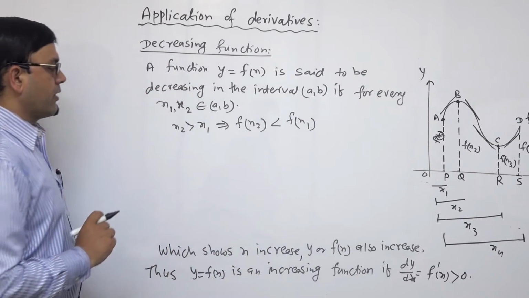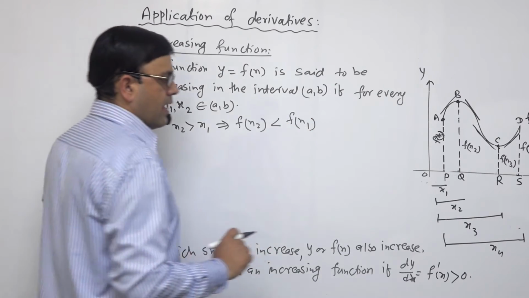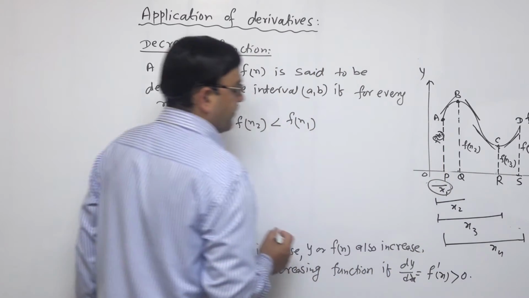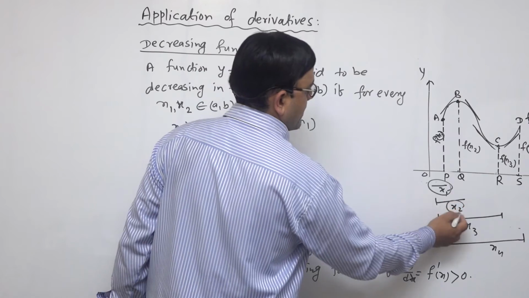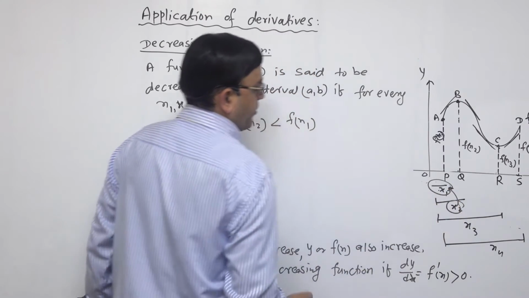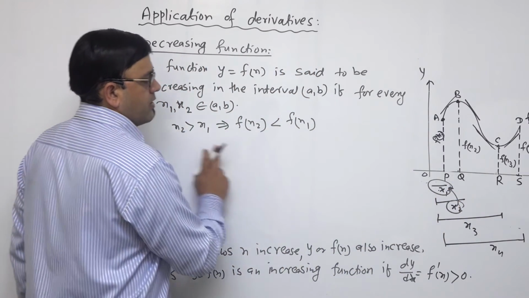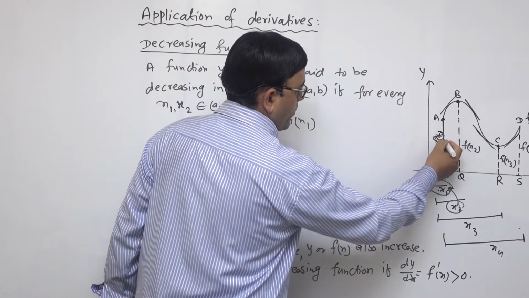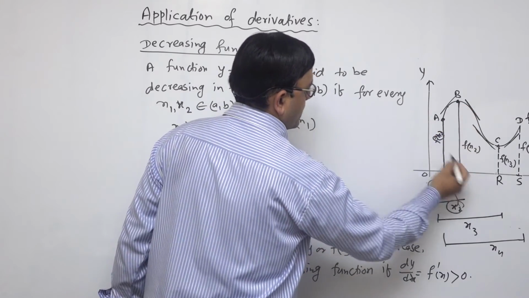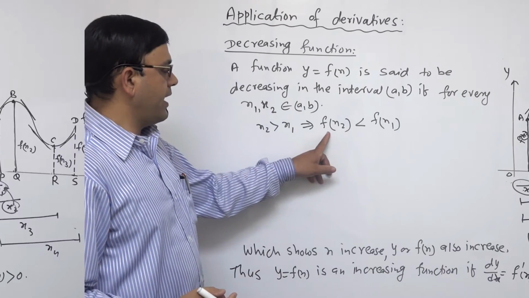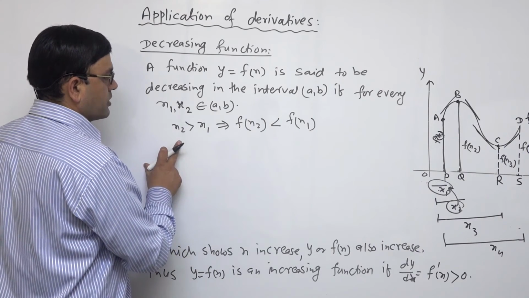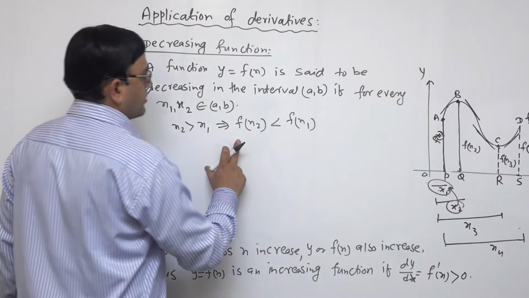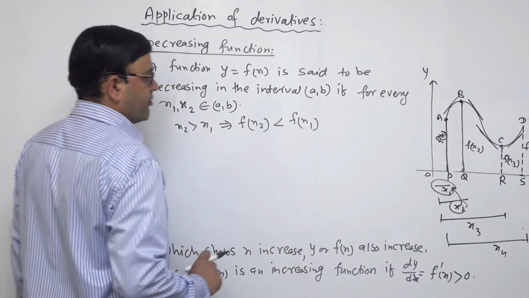Surely you know this well, we are putting this as the definition. When x2 is greater than x1, the function value f(x1) is greater than f(x2). Here we have to look very carefully.